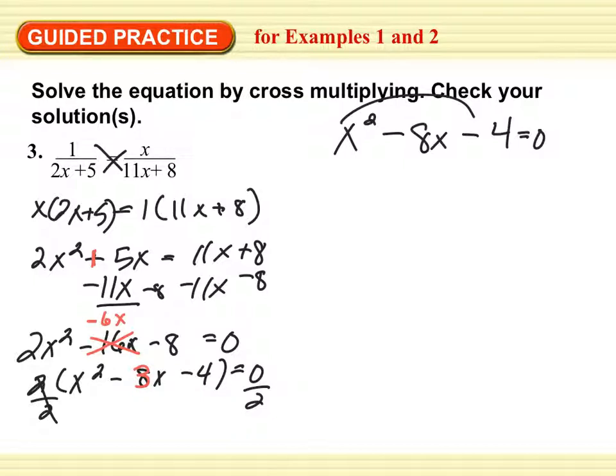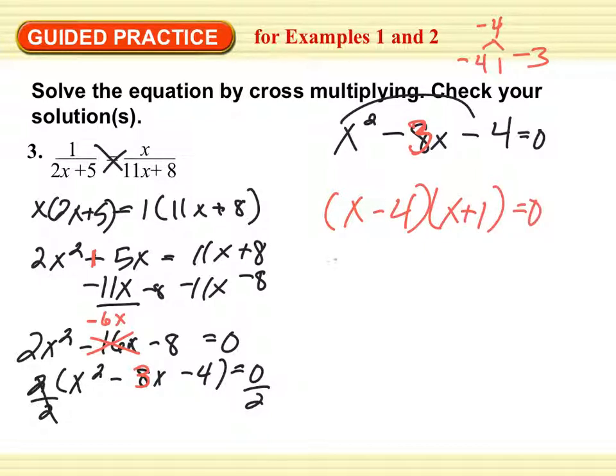Now I want two things that multiply to negative 4 and add to negative 3. That's much easier. A negative 4 and a 1. So (x minus 4)(x plus 1) equals 0. X equals 4 and negative 1. Phew, that was a close call.